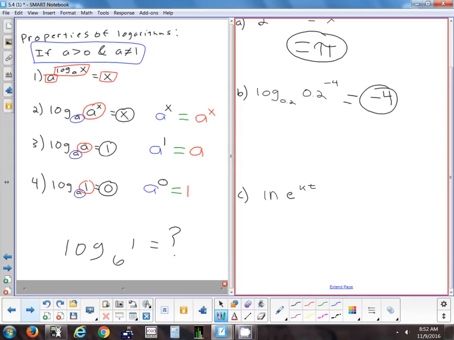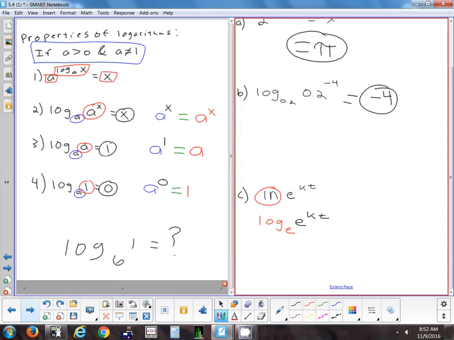Yeah, Allie? Is it rule number 2? Yep. Can you explain how you could make that look more like rule 2? Well, concerning its ln, it means log to base e. Yeah, you can change ln to log base e. So what I circled in red, I just wrote out the long way. Now copy the rest of the problem.